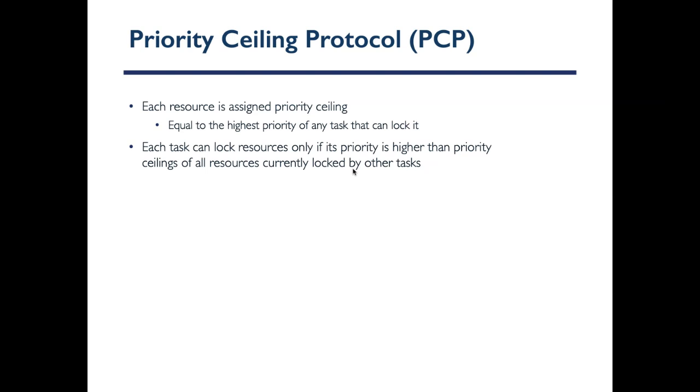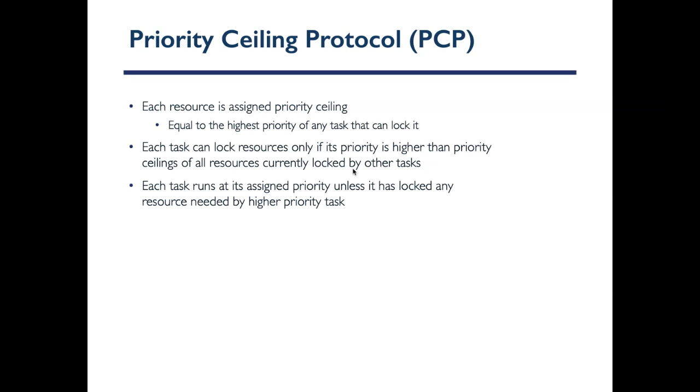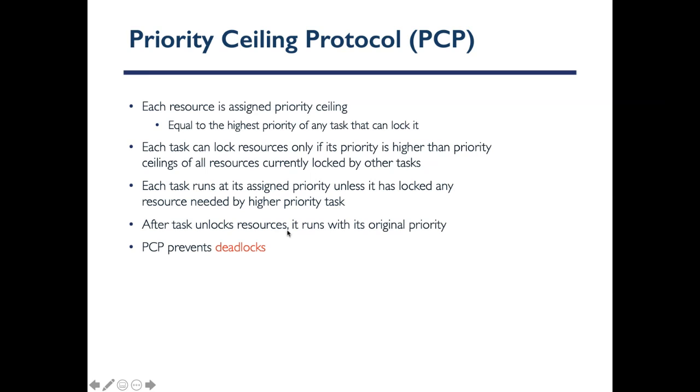But because R2 is already locked, I'm going to look at the ceiling of R2, and I'm going to compare the ceiling of R2 with the priority of myself. And if my priority is not higher than that ceiling, I won't be allowed to lock R1. So let's look at it in an example. We still have the priority inheritance as well.